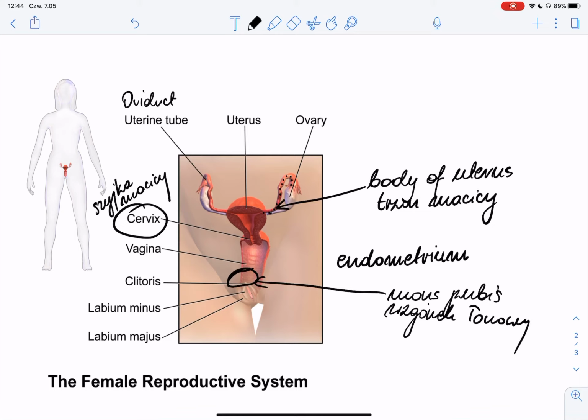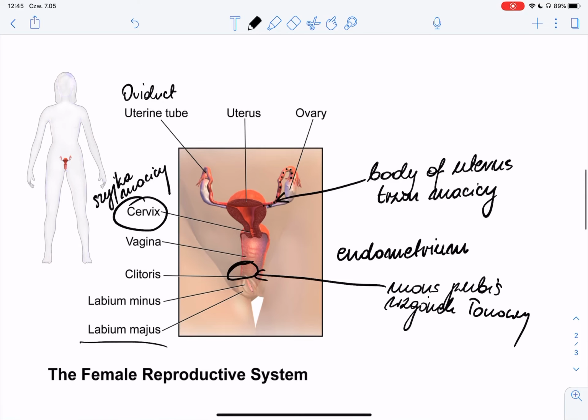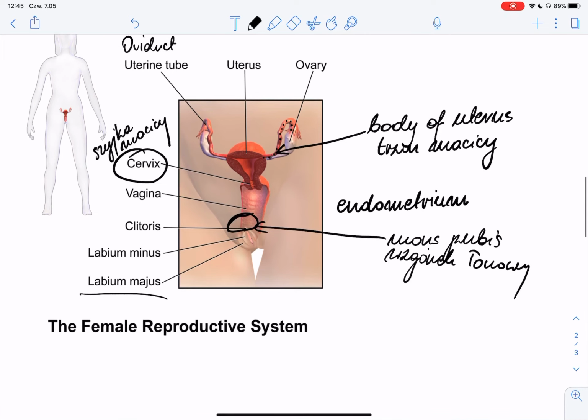Then we have labium minus, which is the singular form of labia minora, and labium majus, which is the singular form of labia majora. And at the bottom of mons pubis, there is clitoris.